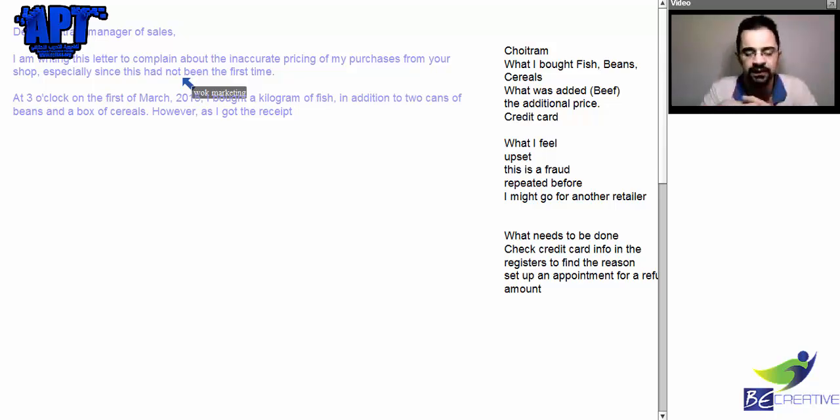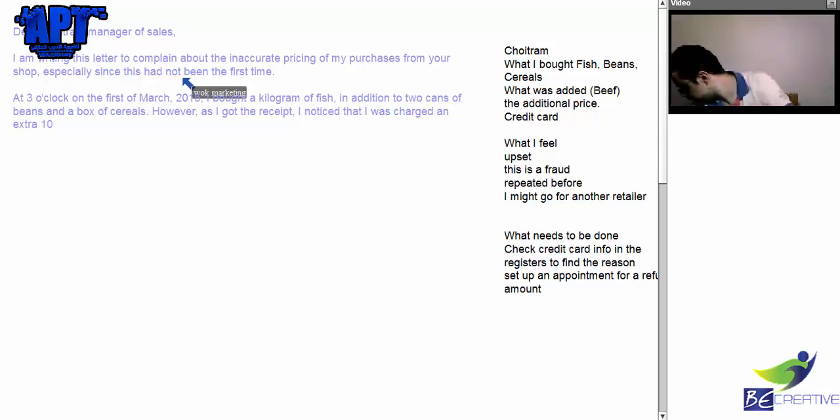So as I got the receipt, I noticed that I was charged an extra 10 pounds. Where's the pound sign?